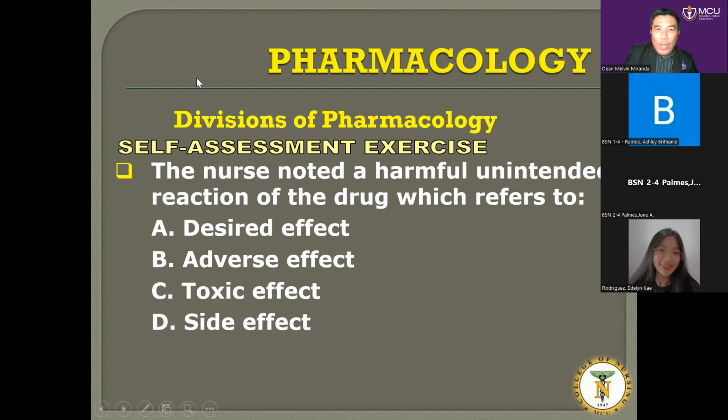If your answer is letter A or letter D, remember, if we say desired effect, it's therapeutic. If we say side effect, it's the normal physiologic and biochemical response of the drug. So when we say harmful, that's really not our intention. So the answer is probably letter B or letter C.